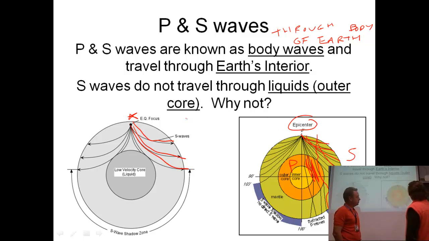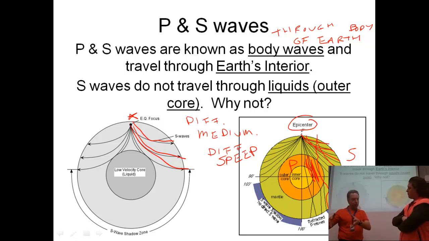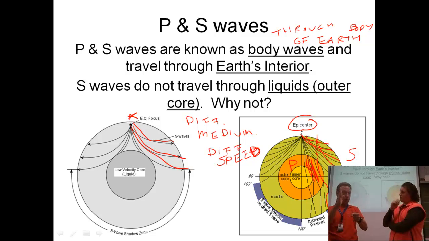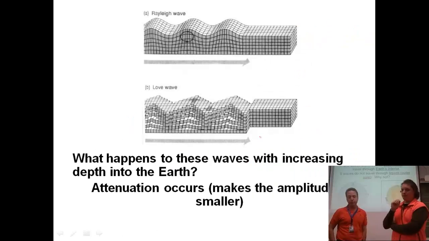They also change speed, so they're not traveling in a nice smooth line as they were over here in the mantle. Just like if your car went into the shoulder on the side of the road, you not only would feel the car pulling, but you'd notice your speedometer changed as well. Yeah, same kind of effect. Definitely.